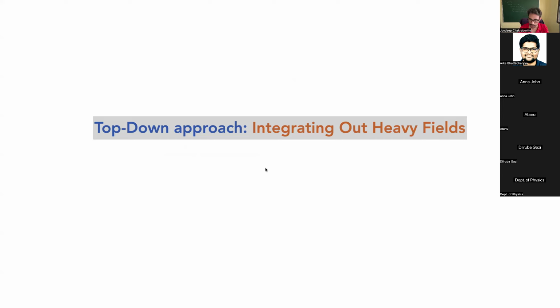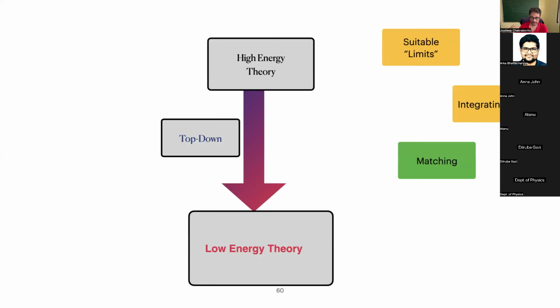Here I know what my UV theory is. Looking at the Lagrangian, I can understand what my UV interactions are and what my UV fields are. Then I set the mass of those UV fields so heavy compared to the standard model particles that if I integrate out, I should be able to write down a cascade of higher dimension operators, and each operator should be suppressed by a scale, right? And then we'll see that those scales and the Wilson coefficients are not completely unknown to us, unlike the previous one. So how these things work is as follows.